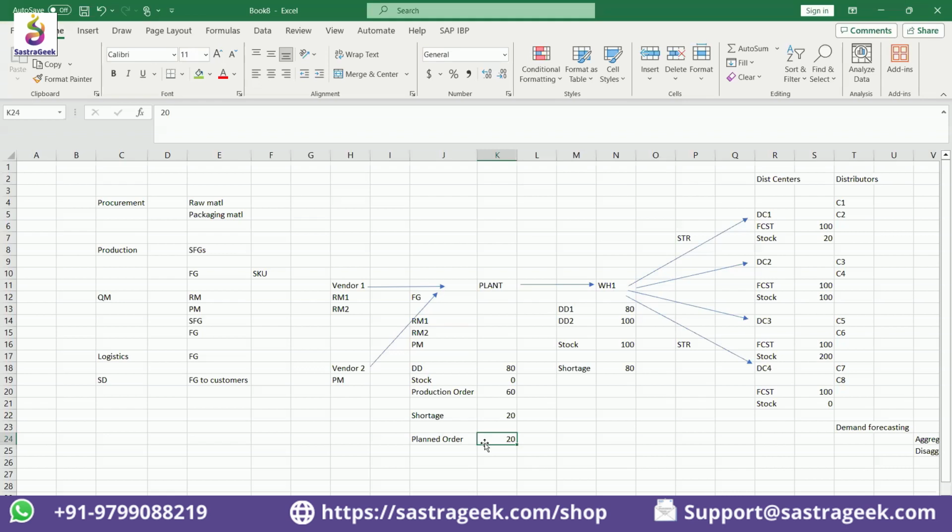It could be a purchase requisition, it could be a planned order. Now, in order to produce this, it will also create a dependent demand for raw material 1, raw material 2, and packaging material. And if there is no stock available in my manufacturing plant, it will generate a purchase requisition for the supplier, based on the netting of the stocks. This is how the entire cycle works.